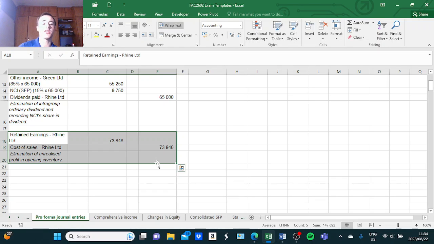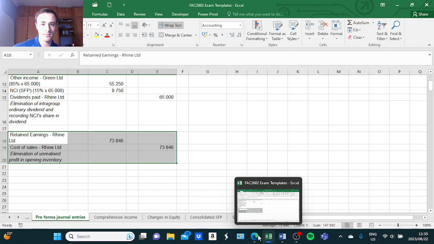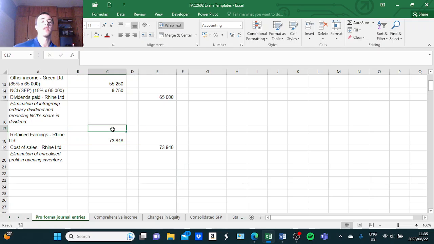The elimination of unrealized profit in opening inventory has no effect on the inventory balance that should be disclosed in the consolidated statement of financial position. Can you see why it's important for you to draft these journal entries correctly? However, the elimination of the unrealized profit in closing inventory will have an effect on the inventory balance.